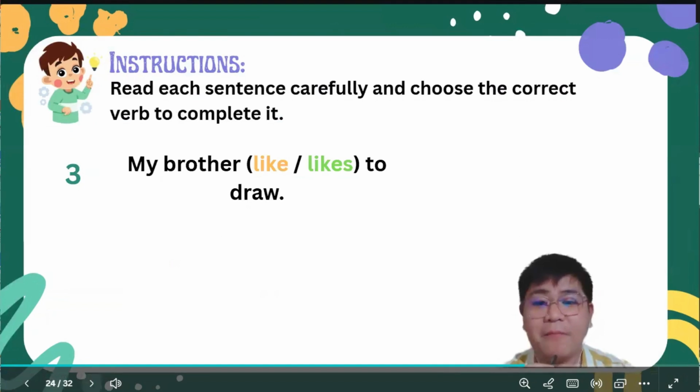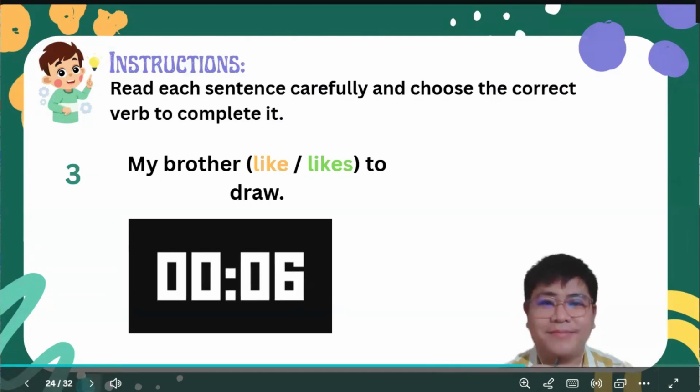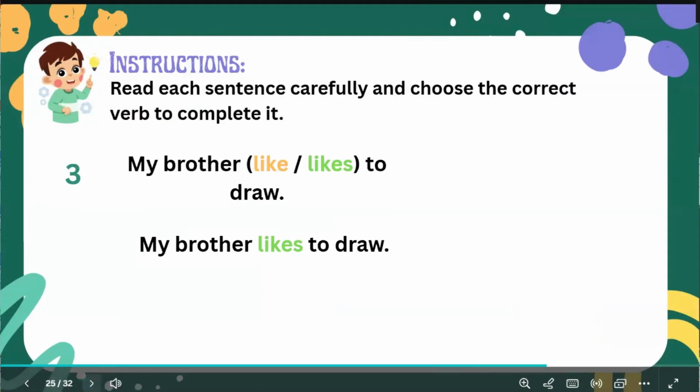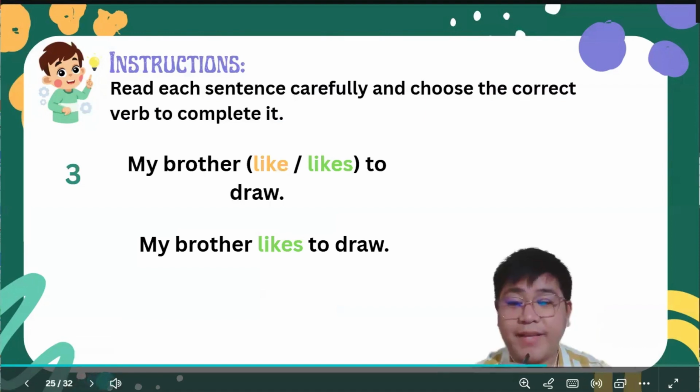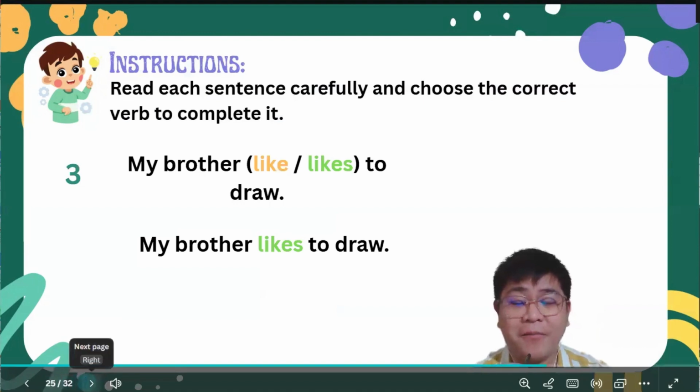Number 3, my brother likes to draw. The correct answer is likes. So brother is singular, so our verb will take the letter S at the end, so we say likes.